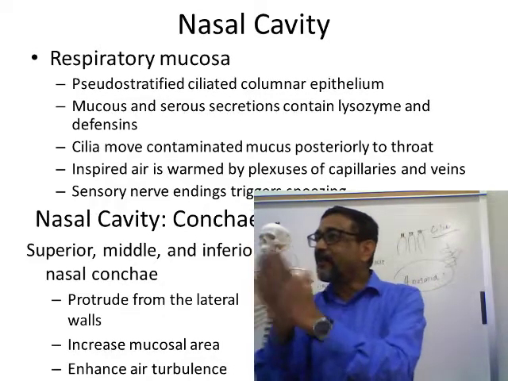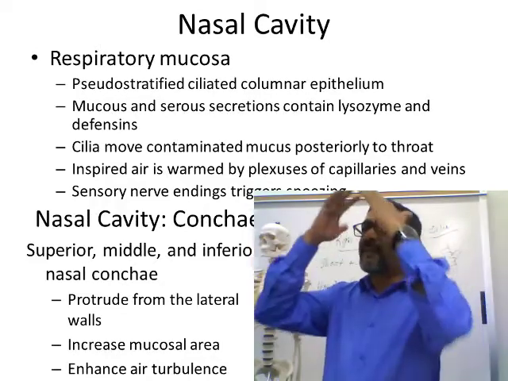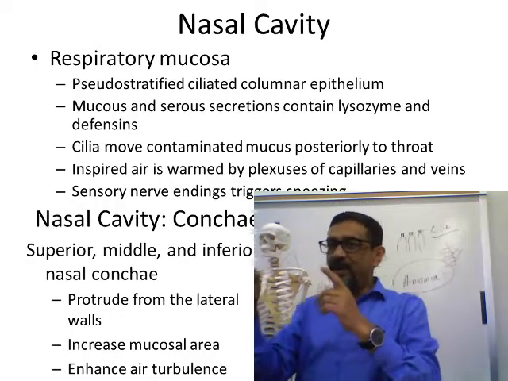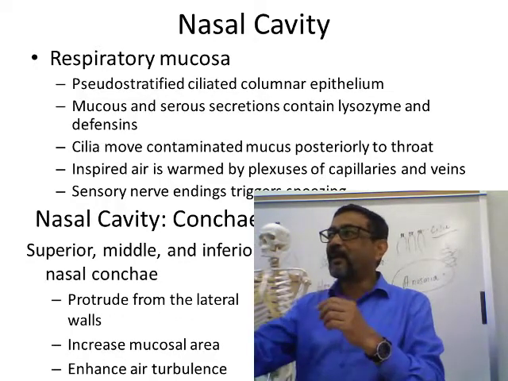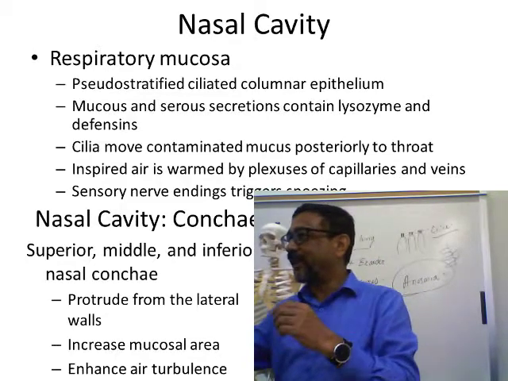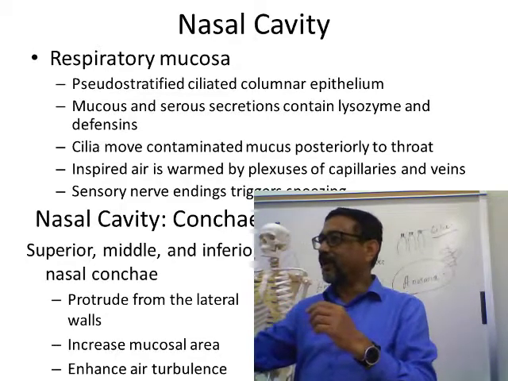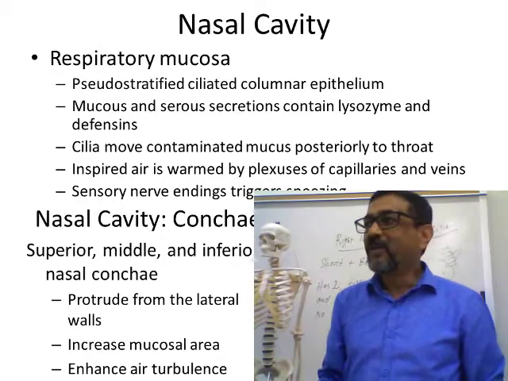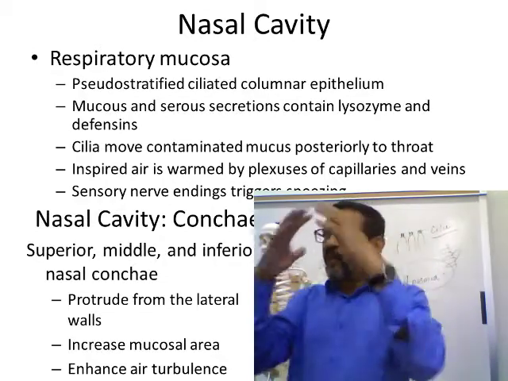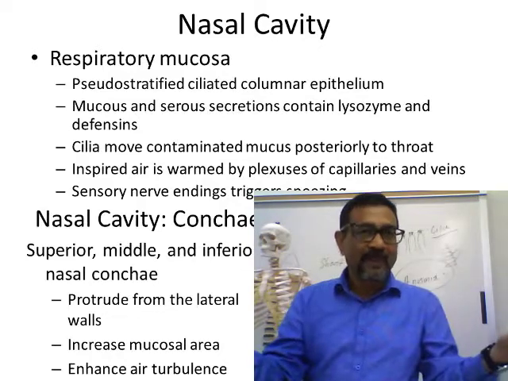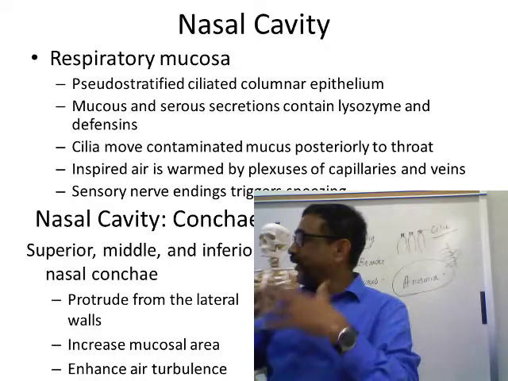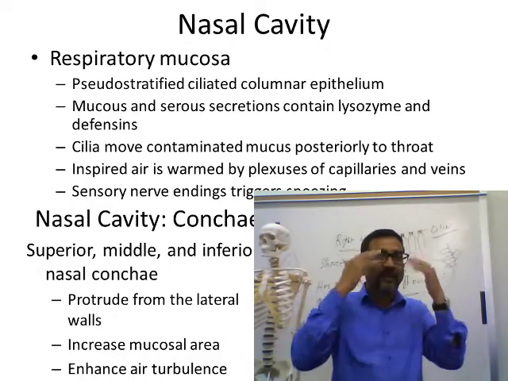And that keeps the nasal cavity warm, because you know already that blood is slightly warmer than the body temperature. You remember that? When we talked about the blood is what? Slightly warmer. So, if more blood flows somewhere, that area will be warmer. Make sense? So, always more blood is flowing in the respiratory mucosa inside the nasal cavity.